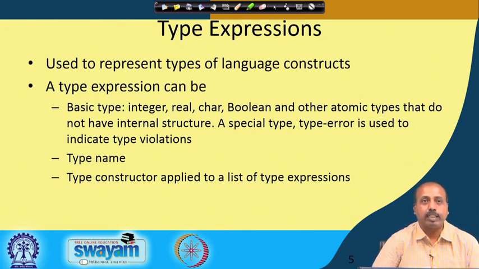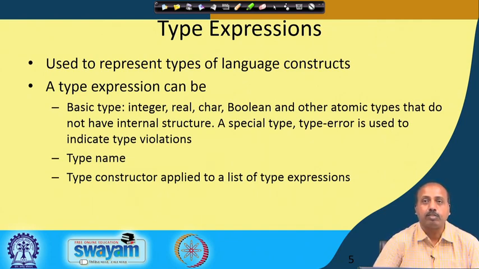A type expression can be a basic type like integer, real, character, boolean, or other atomic types. Atomic type means they cannot be divided further. Like an integer type, you cannot divide it further, unless, say, there is a bit type and the integer is framed based on bits.